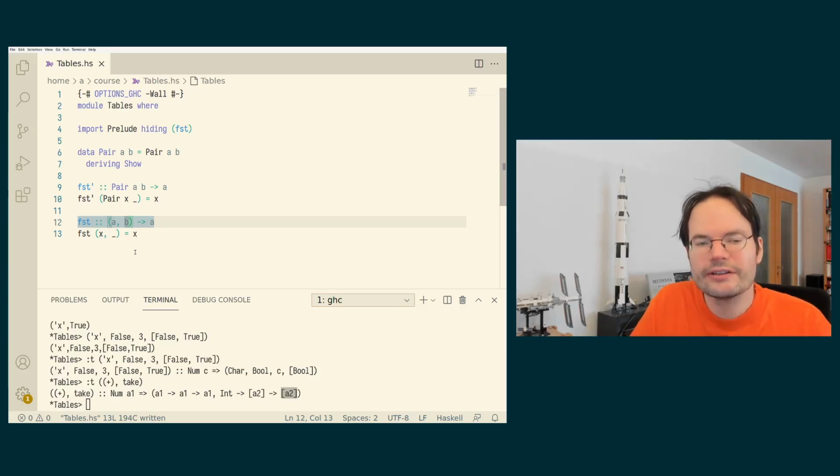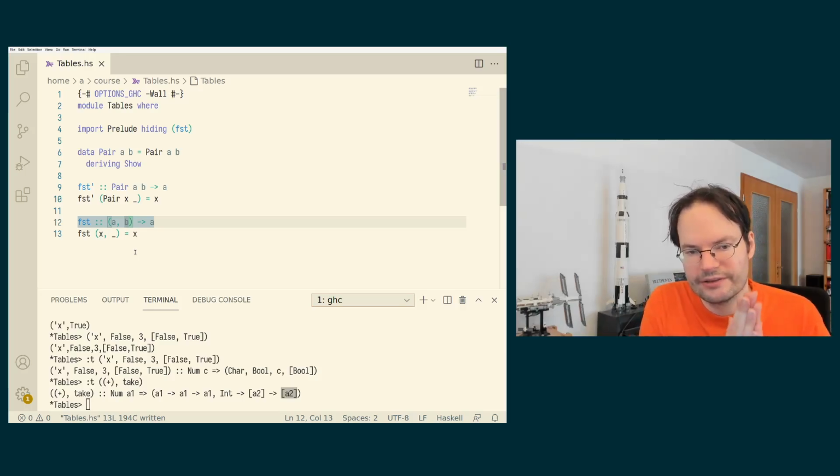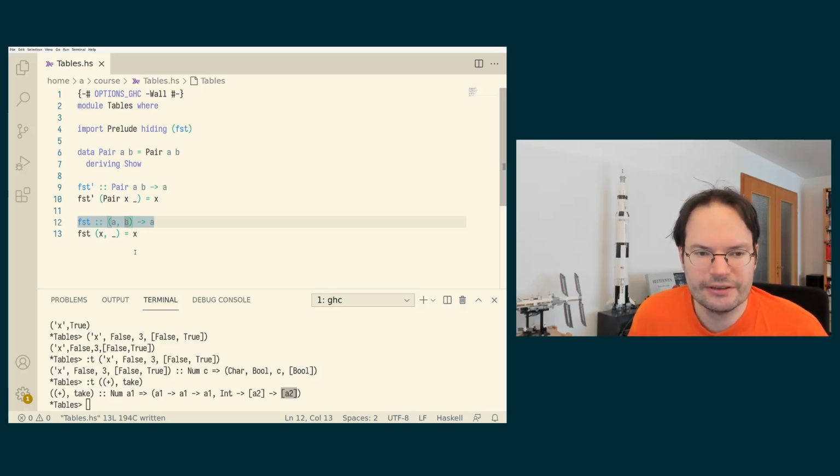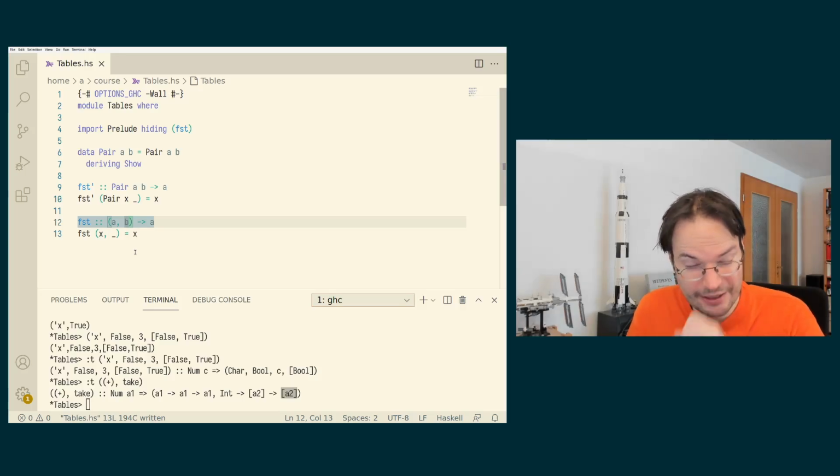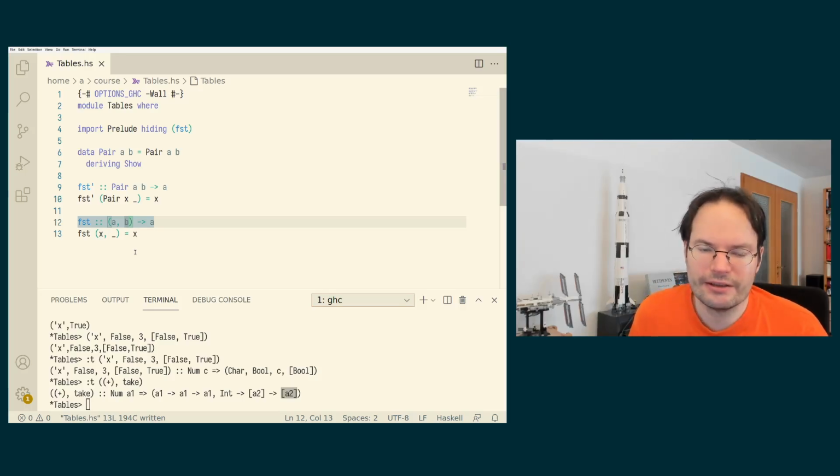Every new data type declaration in Haskell introduces a completely new data type that is considered to be distinct from all the other data types that exist up to that point. And often we use the type system specifically to make distinctions between things that are structurally otherwise very close or even equivalent, right?